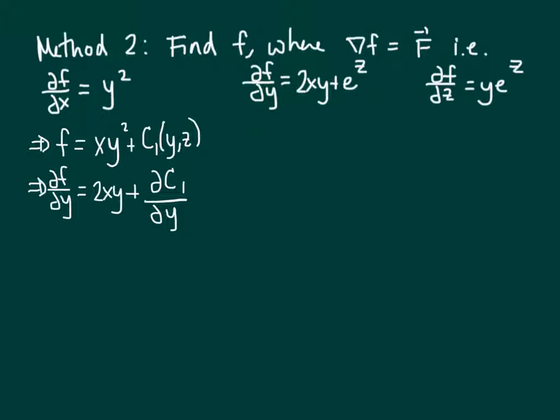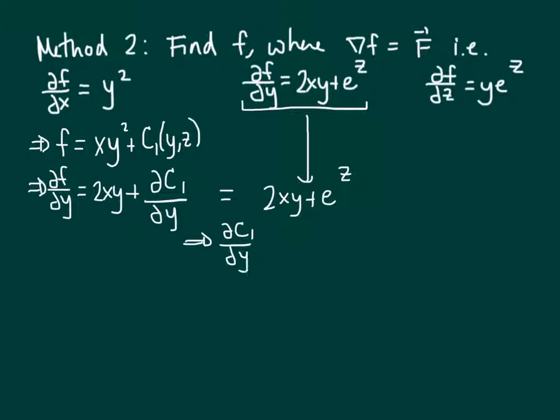Okay, and I don't know what c1 is, but I'm going to use this equation now to help me get this, because I know that this has to equal 2xy plus e to the z. And so this tells me that the partial derivative of c1 with respect to y has got to be e to the z in order for this equation to equal this equation.